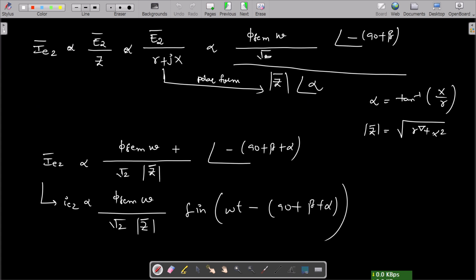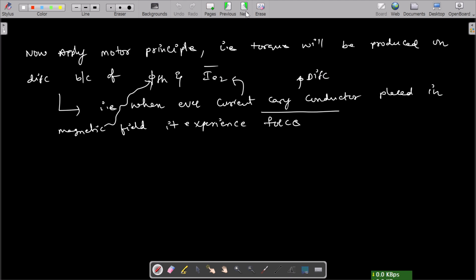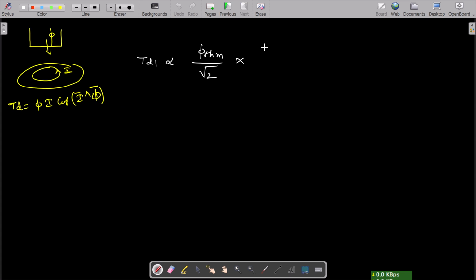What is the RMS value of that eddy current? It is phi sm omega divided by root 2, and cos of 90 plus alpha plus beta. This is that deflecting torque equation.